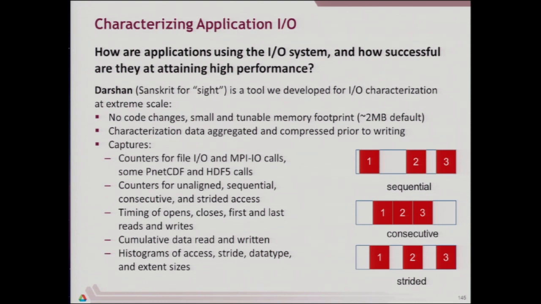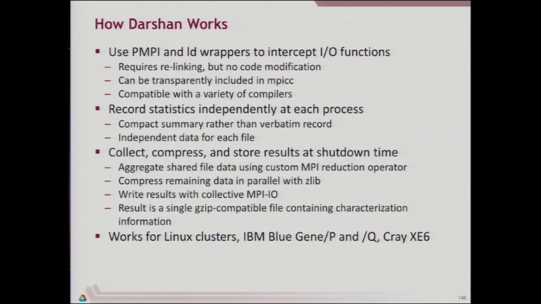Darshan is a Sanskrit word for sight, giving us insight into the internals of these applications, and we use it as sort of a first step in triaging how these applications are doing I/O and why they might be having problems. We trick the applications into using us: they call mpicc or they call the linker to link their applications, and we sneak Darshan into those wrappers.